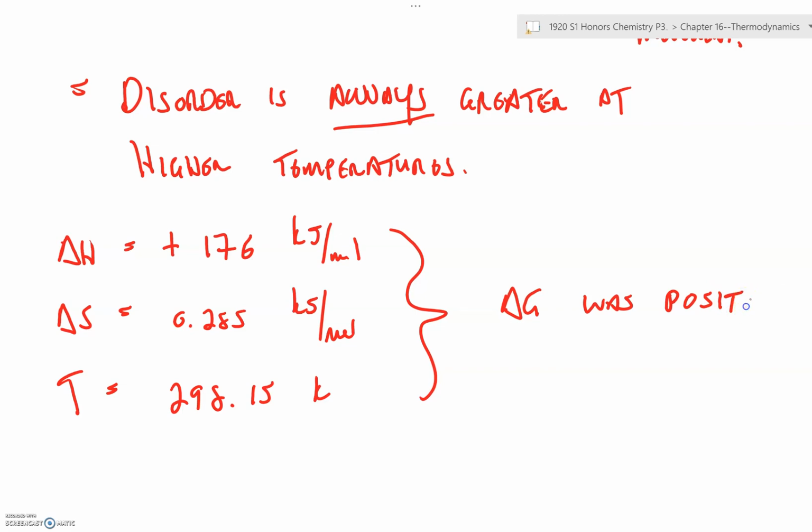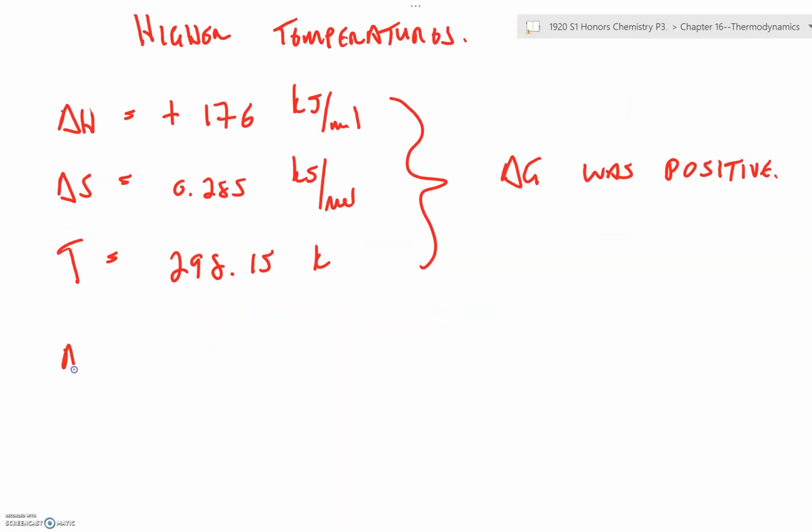So what we want is to determine at what temperature, because we know that temperature increases disorder, delta G would be negative.